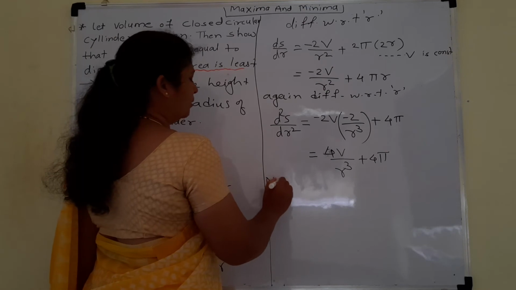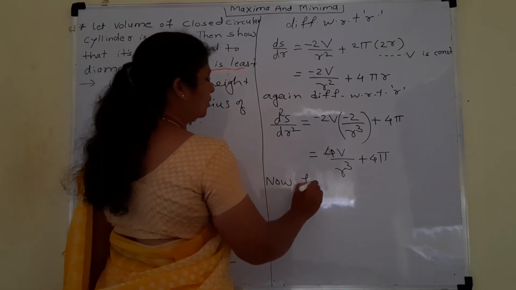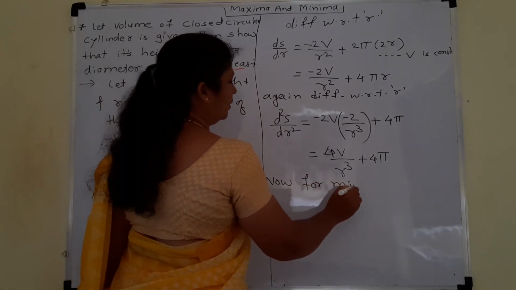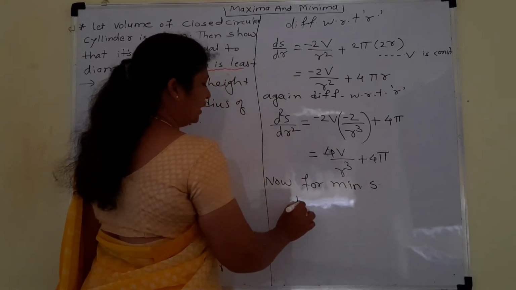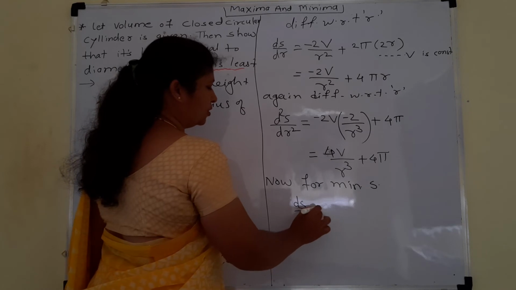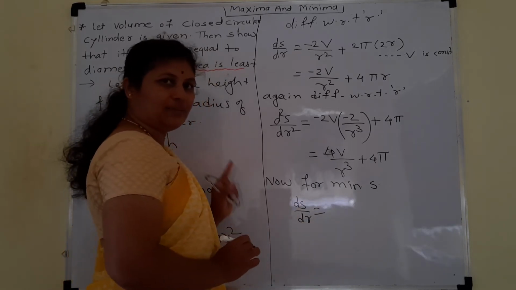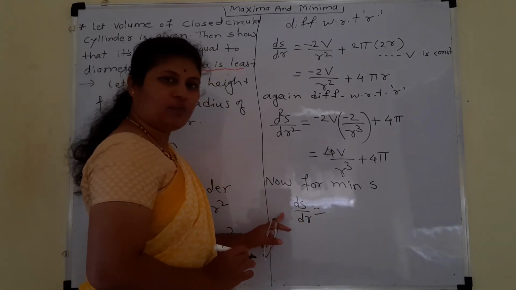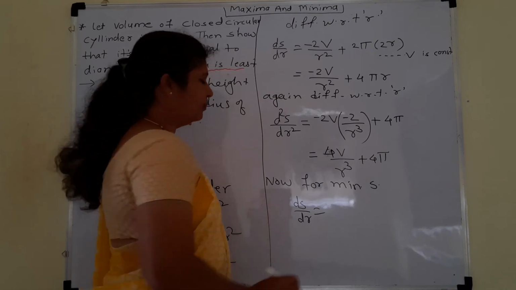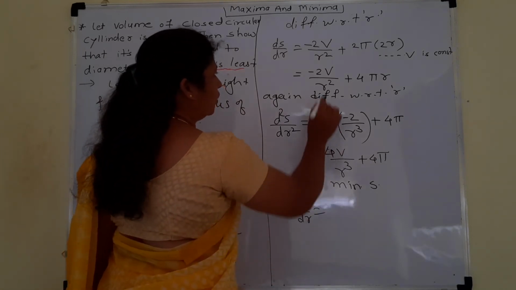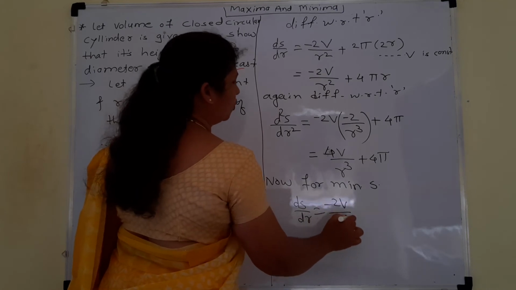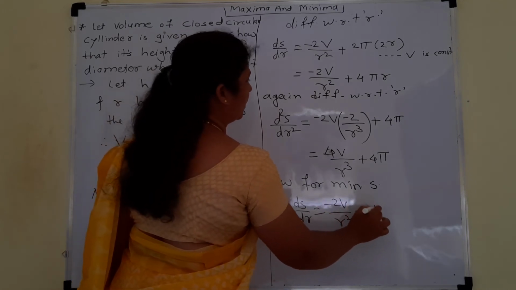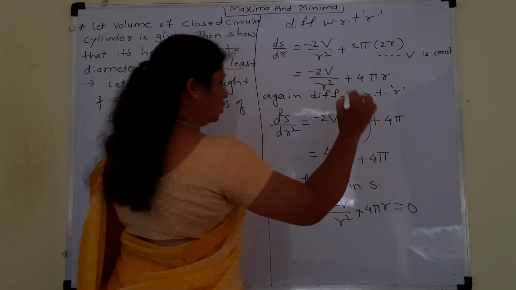Now for the turning point, or for minimum surface area, ds by dr, that is the first order derivative, which we call f dash of x. Here it is f dash of r, or ds by dr. So ds by dr is equal to, what is the value of ds by dr? Minus 2v upon r square plus 4 pi r is equal to 0.